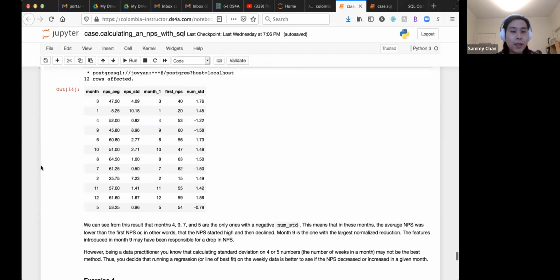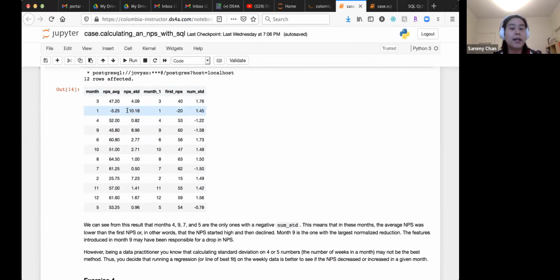So for example, since this month of January has a standard deviation of 10 already, even though we see a num-STD of 1.45, it's still relatively small compared to the range of fluctuations in January.